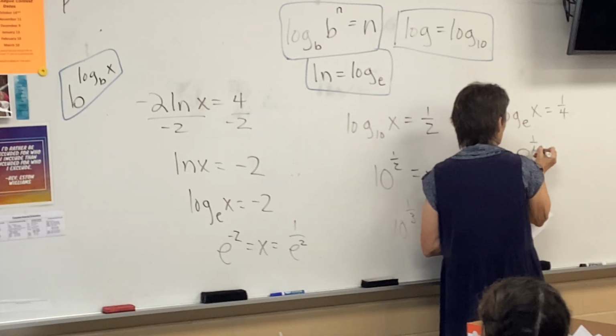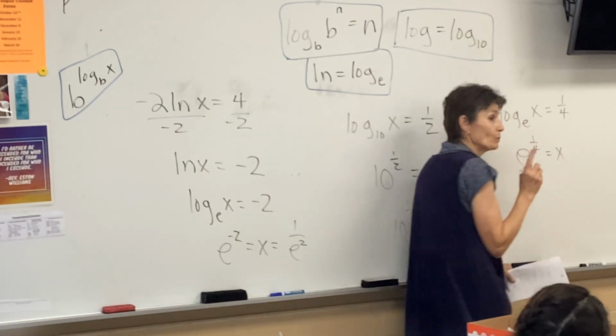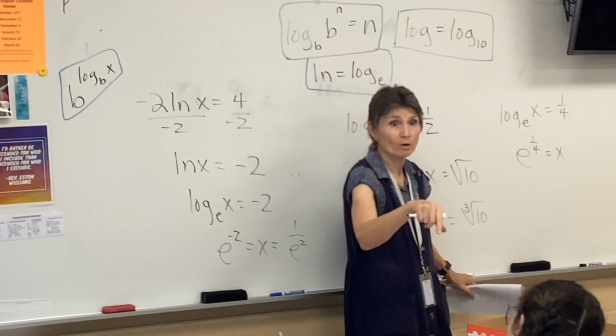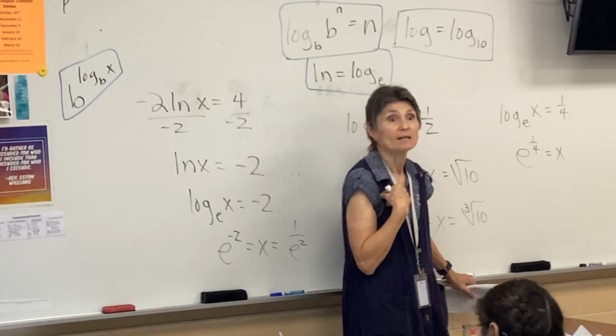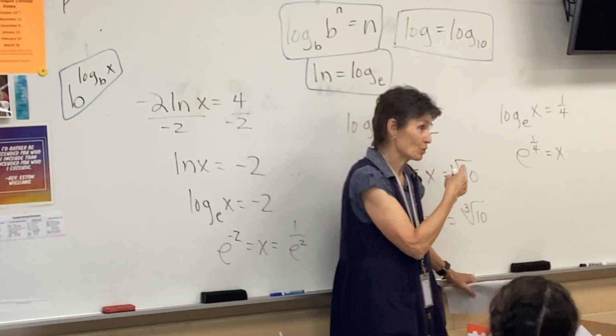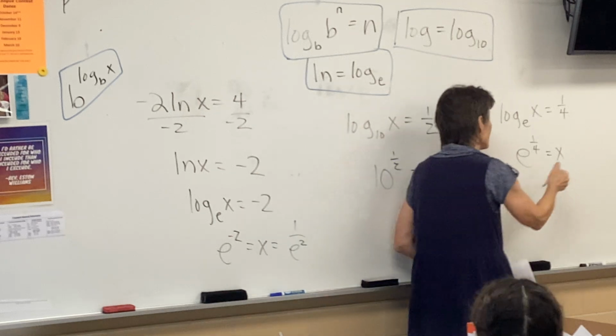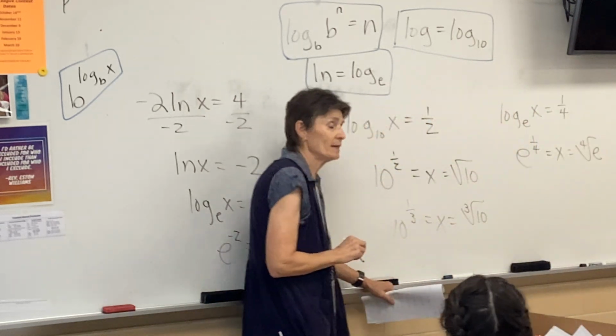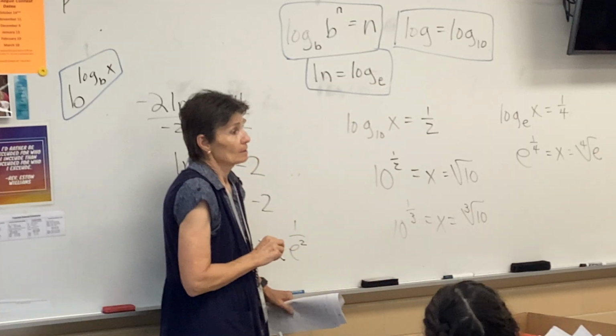So e to the 1/4 equals x. Oh, no, this isn't 1 over. The only time we have 1 over is when our exponent is negative. That's a fraction. You can leave it, or you can write it as a radical, depending on what your needs are.